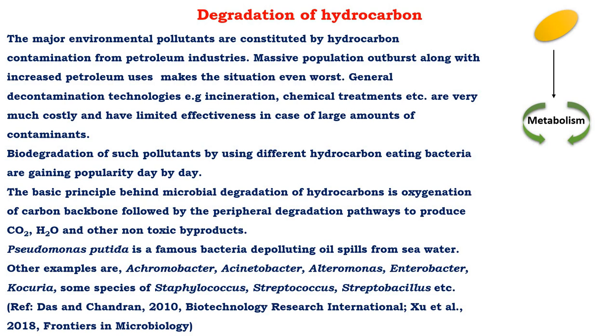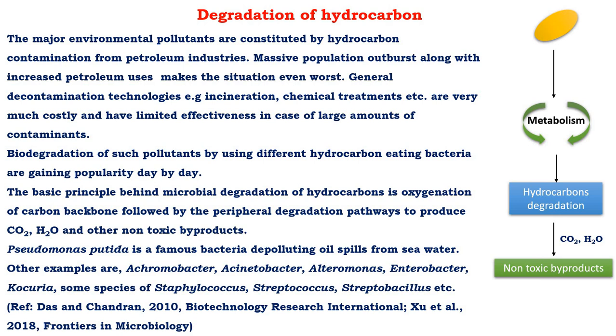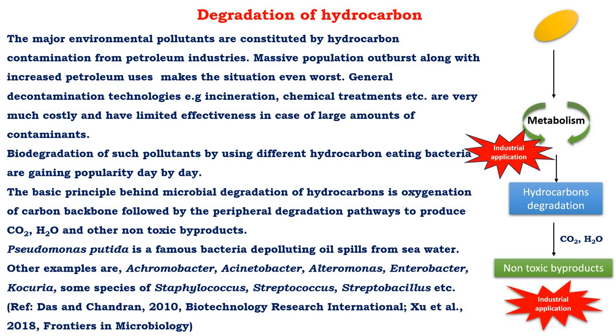They just utilize the hydrocarbon for their normal metabolism, and for that, this hydrocarbon degradation takes place into some non-toxic byproducts and carbon dioxide and water, and these non-toxic byproducts along with the bacteria itself are utilized for different industrial applications.